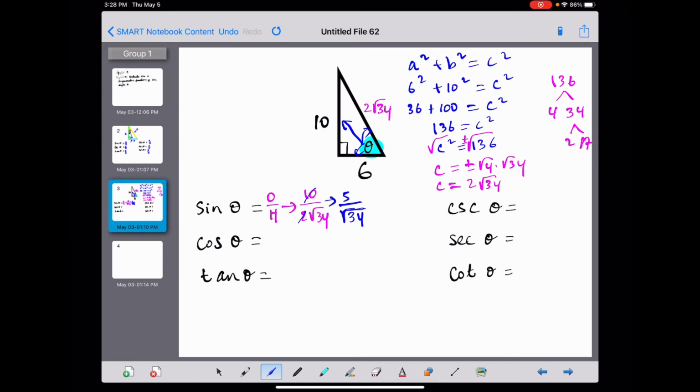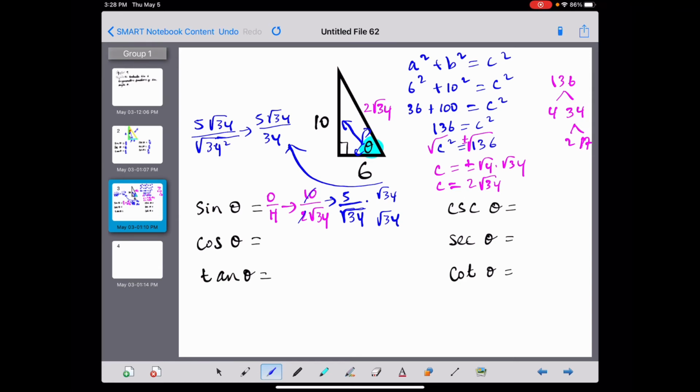To get rid of the radical, we multiply top and bottom by square root of 34. I'm running out of space, so let's move up here. I have 5 square root of 34 over square root of 34 squared, and square root of 34 squared is 34. So for sine theta, it's 5 square root of 34 over 34.